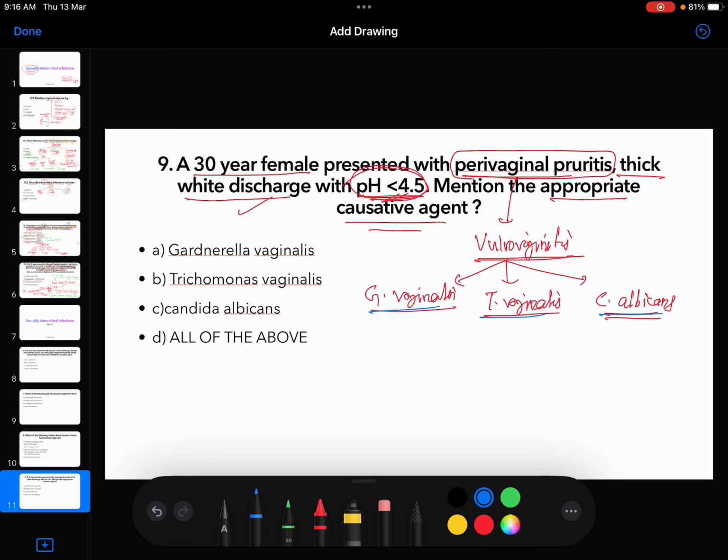In Gardnerella vaginalis, there is a slight increase in discharge. In Trichomonas vaginalis, there is profuse discharge, and in Candida albicans, the discharge is scanty.